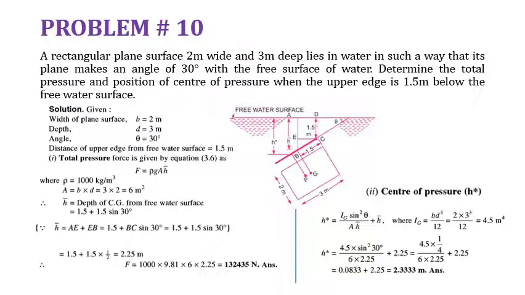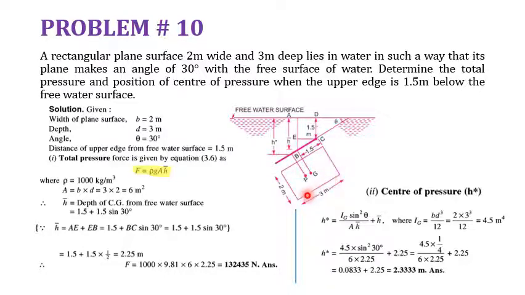So in order to find the total pressure force by this formula, we need to have this distance h dash, the distance till the center of gravity. As we know, the distance along its depth will be 1.5 meter, right?